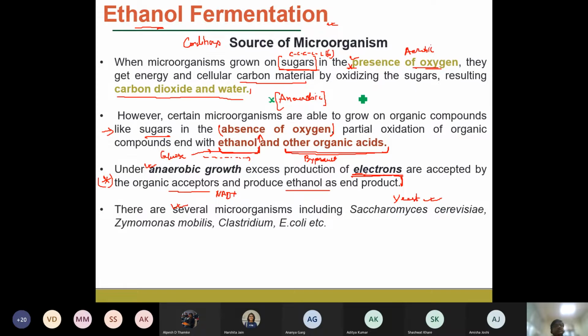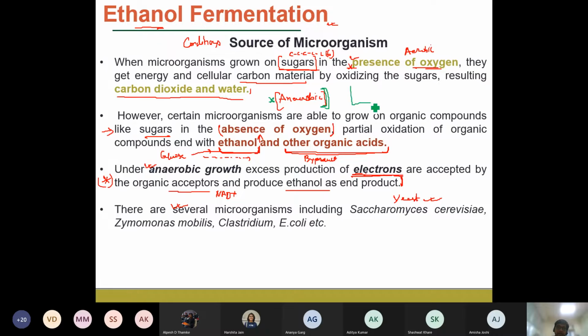Generally, we know that cells grow in the presence of oxygen, and they utilize the carbon source, metabolize it into energy, and use that energy for the growth of the cells and so on. To have the production of, for example, ethanol, we have to make sure of the anaerobic condition.